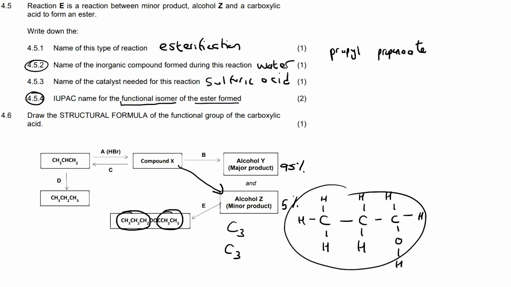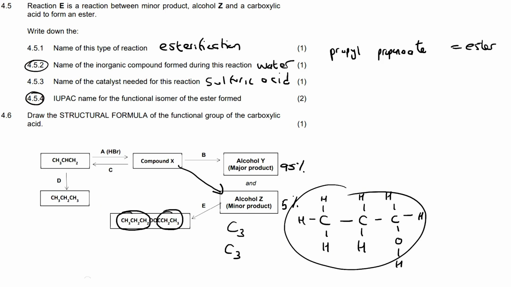But now they said, what is the name of the functional isomer of the ester? This one is the ester that was formed, but they want the functional isomer. Remember, we've spoken about this before.